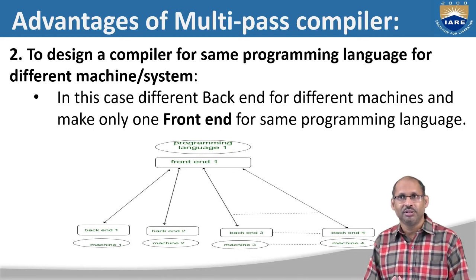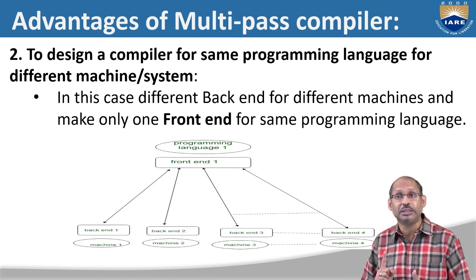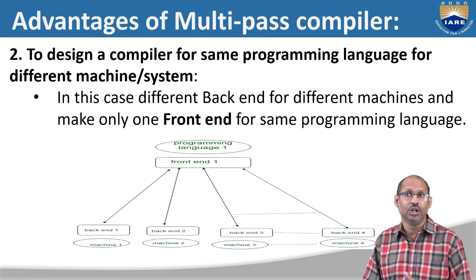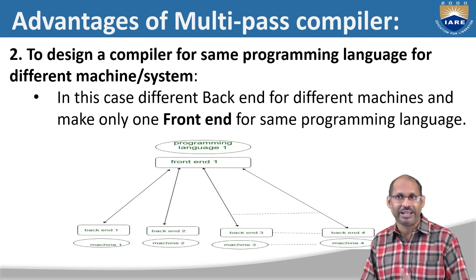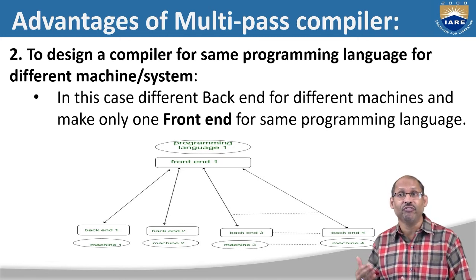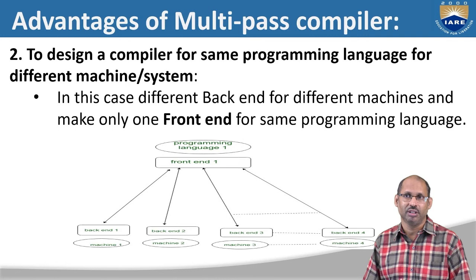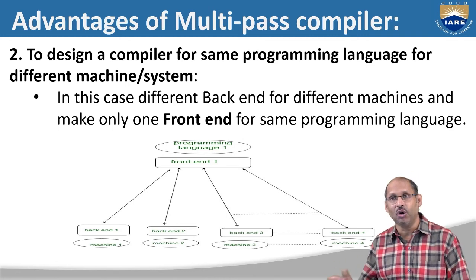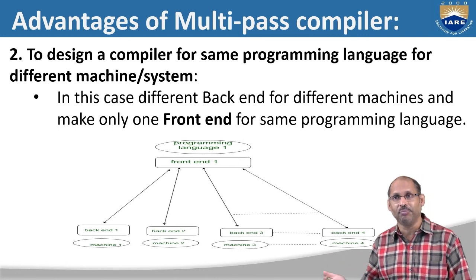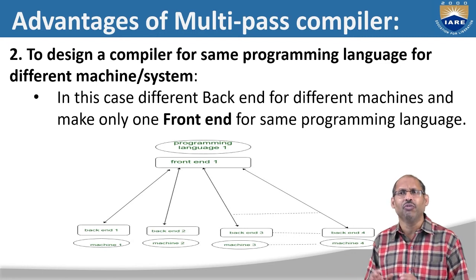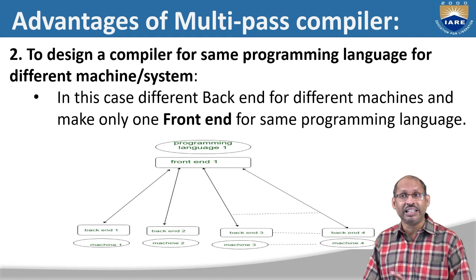Then, depending on the machine, we use the respective backend. We modify only the backend for every version of the machine, or when there is any upgrade of the operating system or machines, a change of machine, we only change the backend. We won't reconstruct the complete compiler, which is a difficult, complex task.